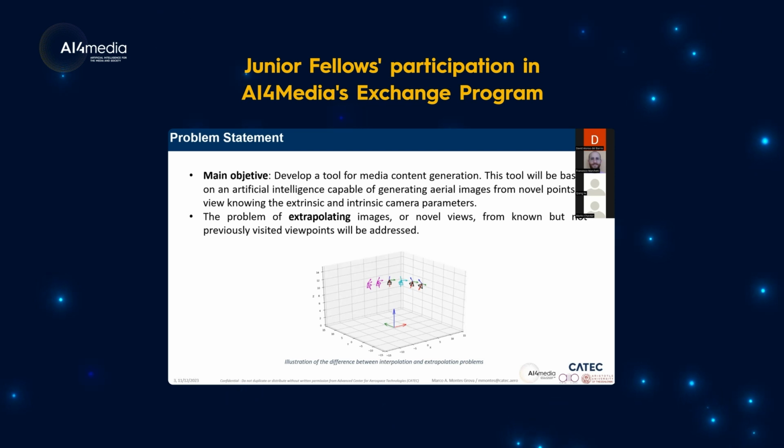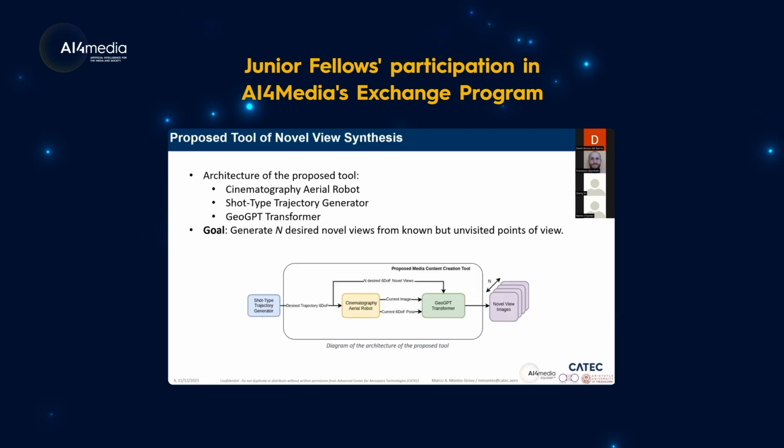That is basically a point between two known poses, or the problem of the extrapolation that is basically the purple one. And if you can understand, this is the difficult problem, and is the problem that we are going to try to address in this tool or during this secondment.